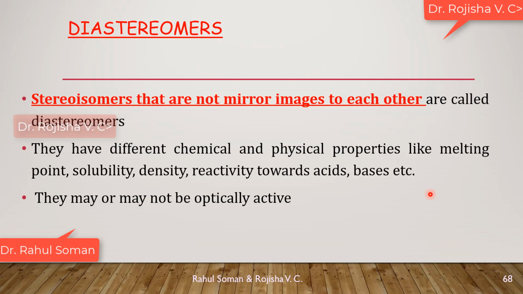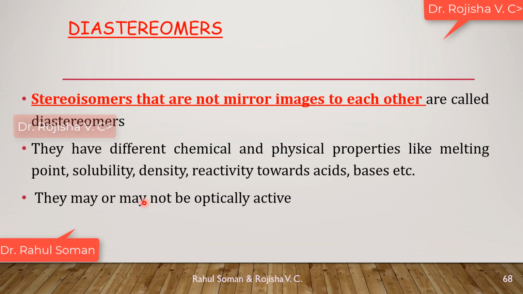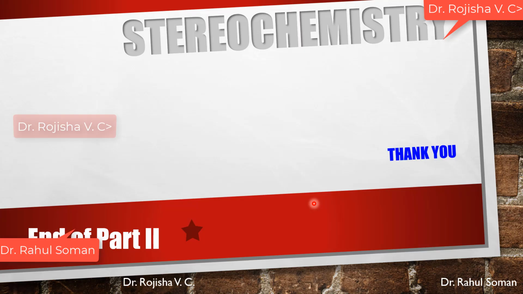They are optically active in the case of galactose, whereas in the case of tartaric acid we have seen that they are not optically active. So this is all about chirality and optical activity.